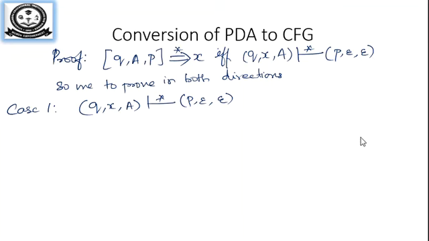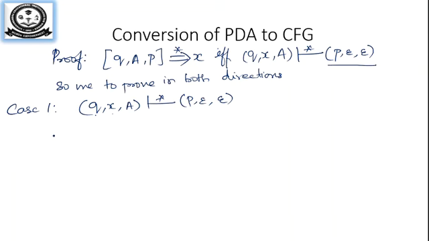So that means finally the stack must be empty. So this has to be done. In order to prove this, we have to prove in both directions. So let me take the first direction: with the starting state, with the input string and the top symbol of the stack, we are going to find out we can derive to a set of terminals.